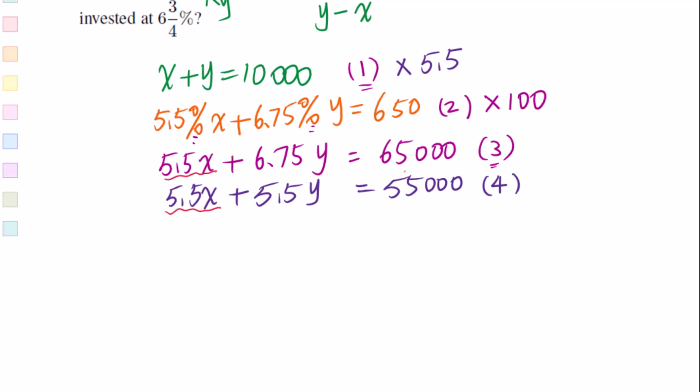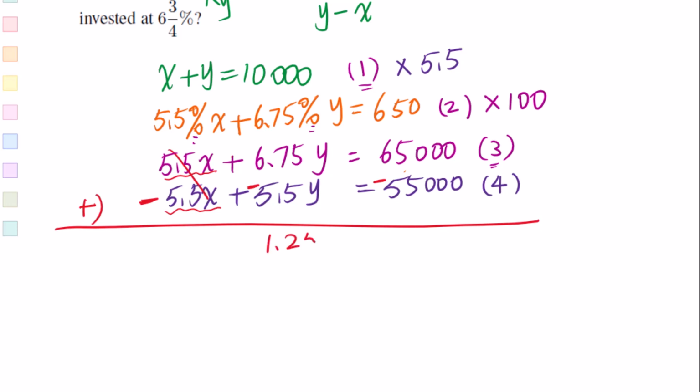Where you have exactly the same variables, normally we will make them opposite, so change the sign for every single term for equation 4. Then I do addition here. Cancel. 1.25y equals 10,000.